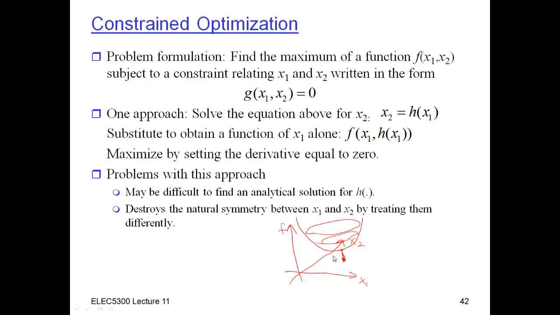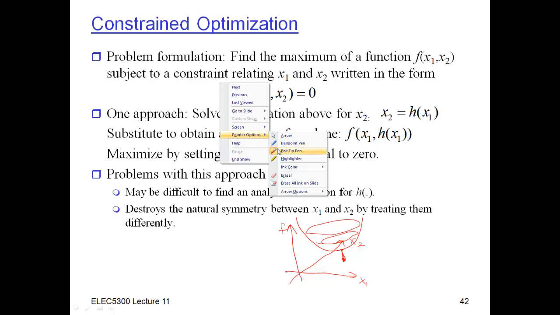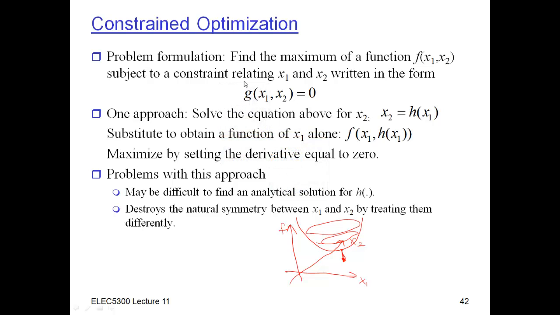Now if I was going to minimize this thing, I would choose this point here, but maybe that's the unconstrained minimization problem. But I don't have free choice over x1 and x2. Instead it's constrained by this equation, g of x1 comma x2 is equal to 0.